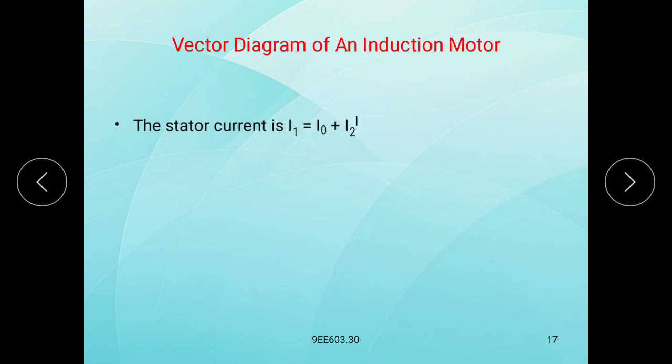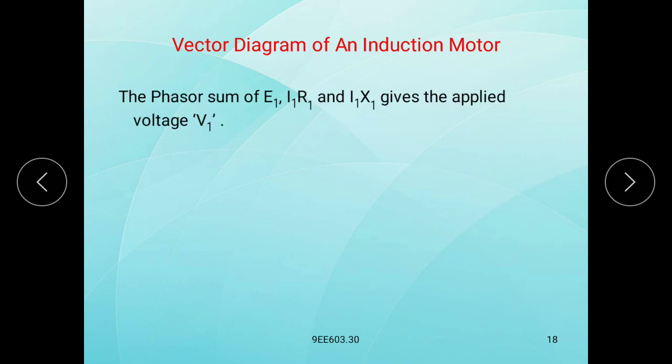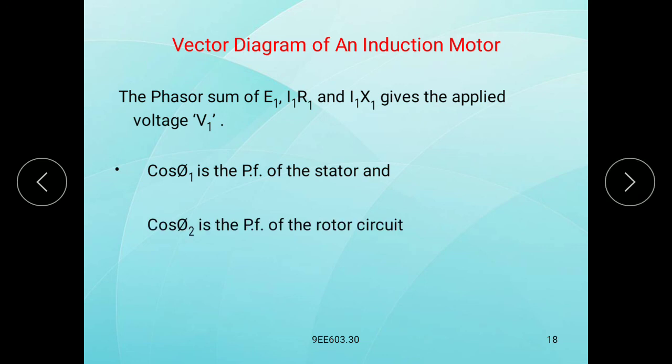Vector diagram of induction motor. The stator current I1 is equal to I0 plus I2 dash, and the phasor sum of E1, I1 R1 and I1 X1 gives the applied voltage V1. Cos phi 1 is the power factor of the stator and cos phi 2 is the power factor of the rotor circuit.